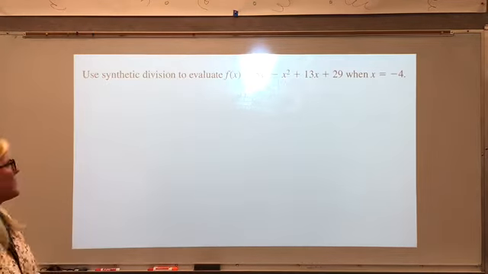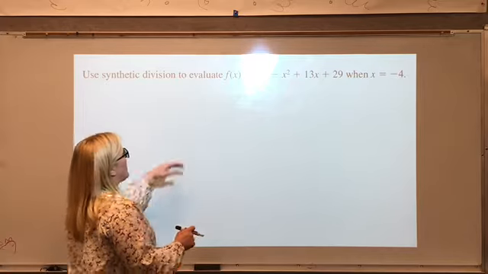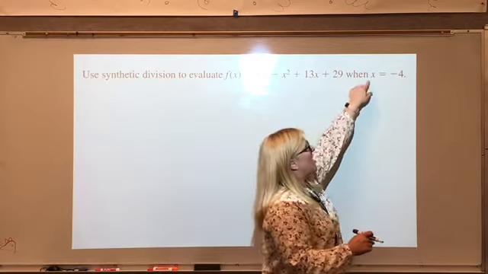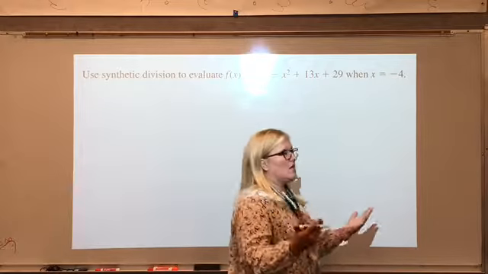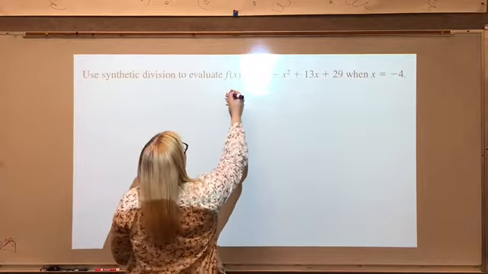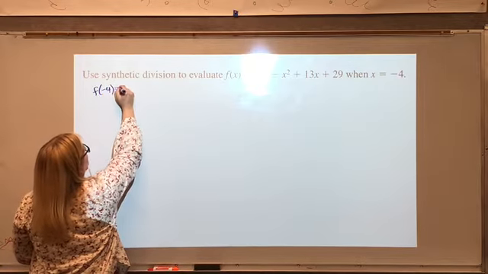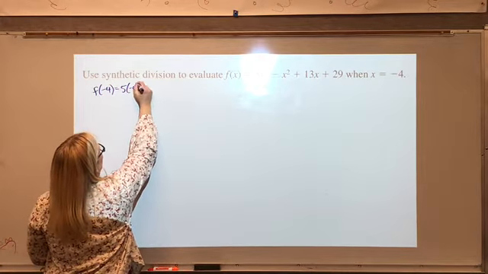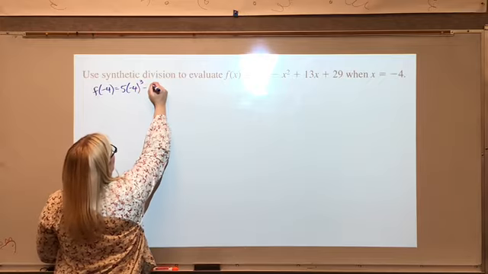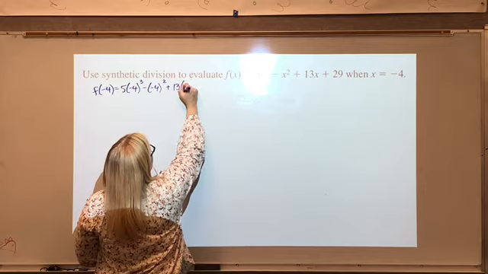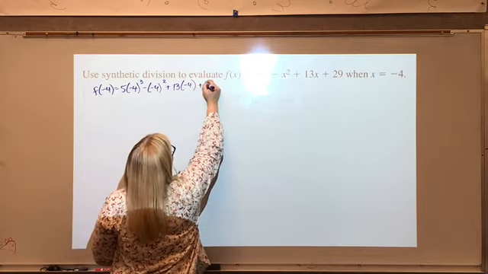Okay, so let's look at this. First of all, let's say I'm given f of x equals this big long thing, and I need to know what it is when x is negative 4. Normally I would just dump it in, right? We've got f of negative 4 equals 5 times negative 4 to the third minus negative 4 squared plus 13 times negative 4 plus 29.